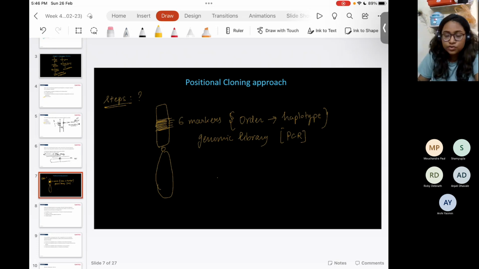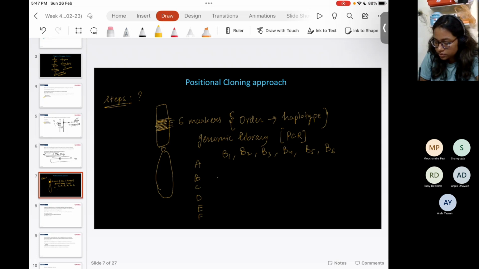So let's suppose you have identified 6 BACs. I'm naming them B1, B2, B3, B4, B5, and B6. And using PCR, you saw that, say, for markers A, B, C, D, E, F, G, right, 7.